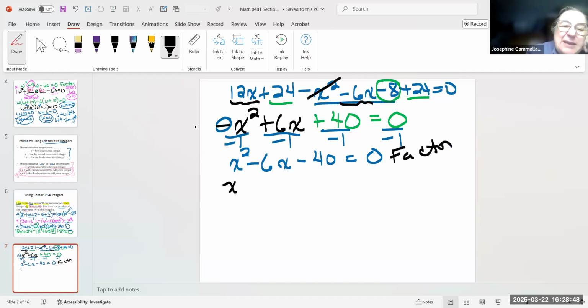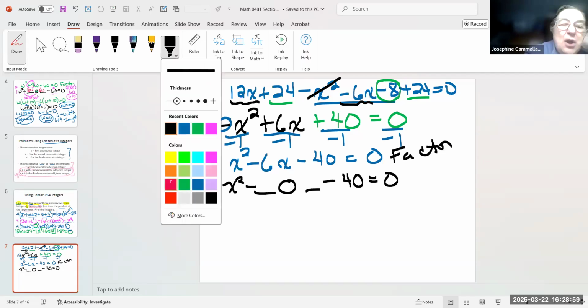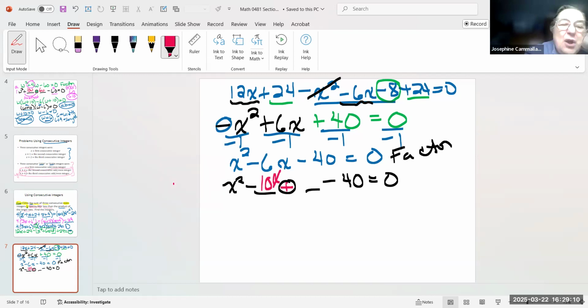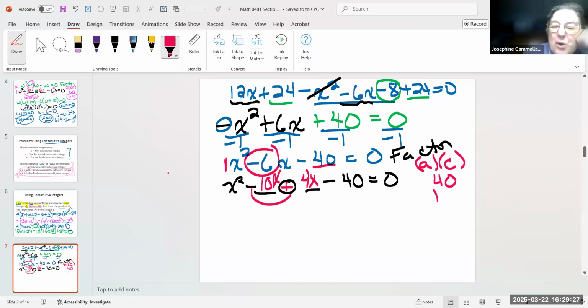This gives me x squared minus blank, circle blank, minus 40 is equal to 0. Now, hopefully you know that here is the plus, and the numbers, remember, which is 40, and the two numbers that subtract, remember these are different signs, are 4 and 10.